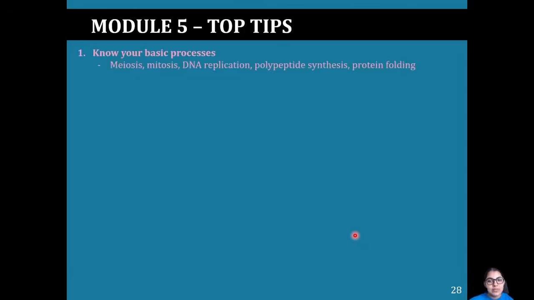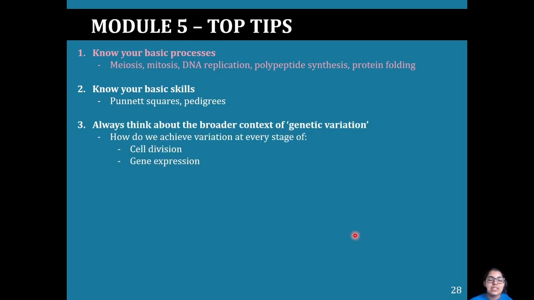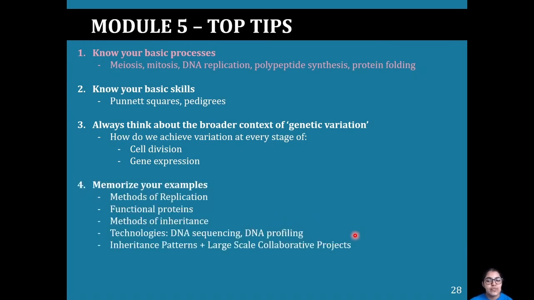So, top 5 tips for Module 5. Know your processes. Those processes of meiosis, mitosis, DNA replication, and polypeptide synthesis are all super important. Also know your basic skills, so how to draw Punnett squares and pedigrees. Again, really important. Always think about the broader context of genetic variation: how do we achieve variation every time and at every stage of cell division and gene expression? And memorize those examples.